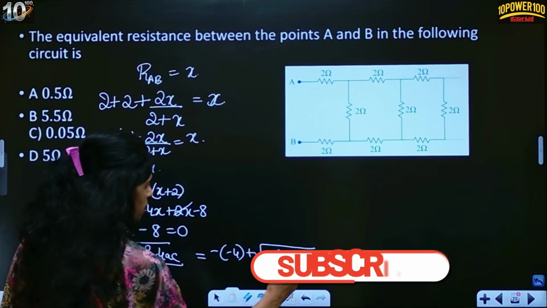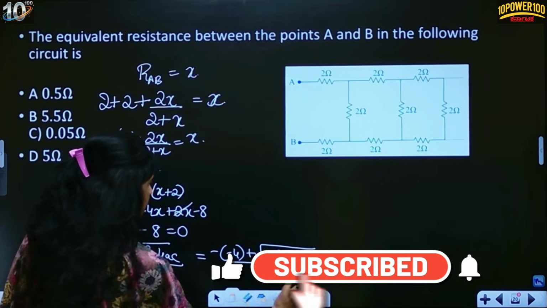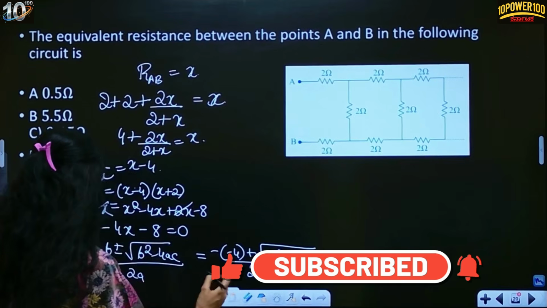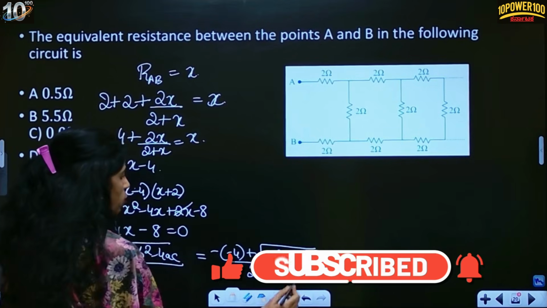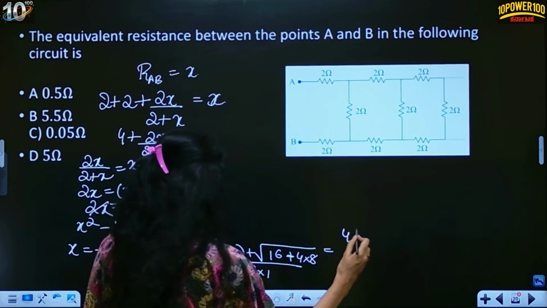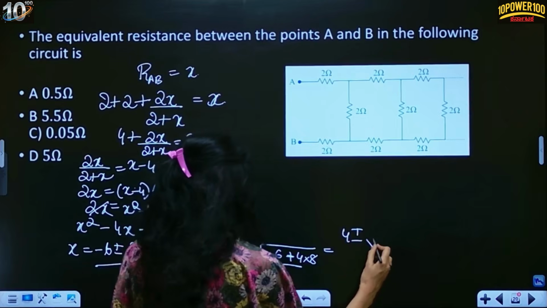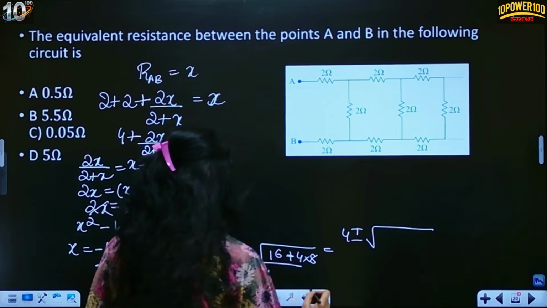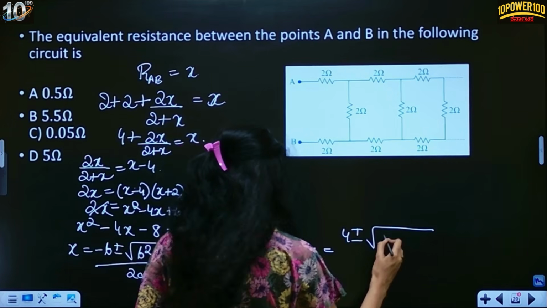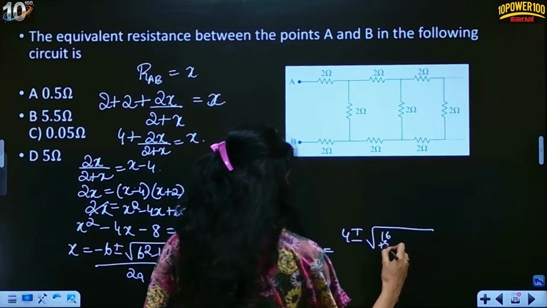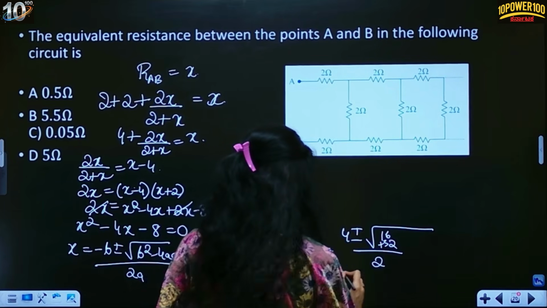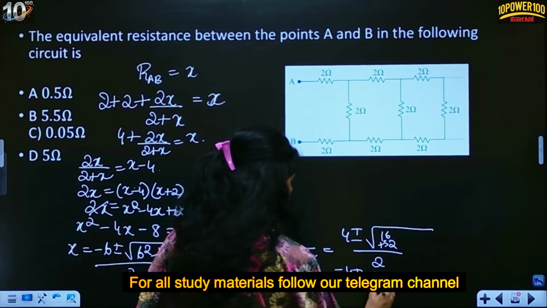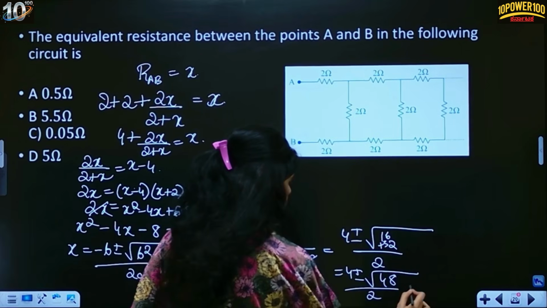So minus into minus, plus 4 into 8, divided by 2 times a, which is 1. So you will get the value as 4 plus or minus root of 48 by 2.